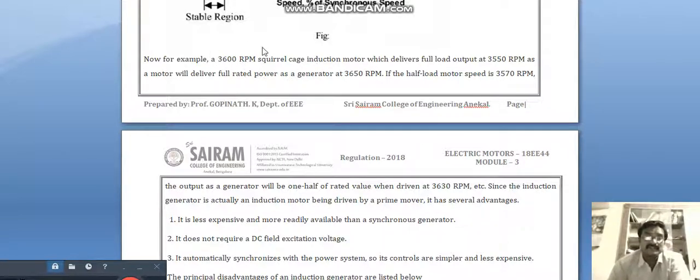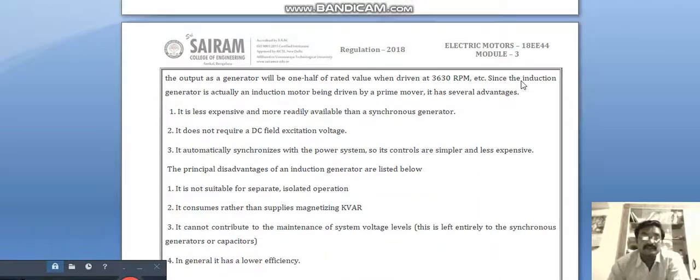So if it runs less than 3600, that is 3550, the machine is acting as a motor. When the speed is more than the synchronous speed 3600, above it at 3650, it is acting as a generator. If the offload motor speed is 3570 RPM, the output of the generator will be one half of the rated value when driven at 3630 RPM.